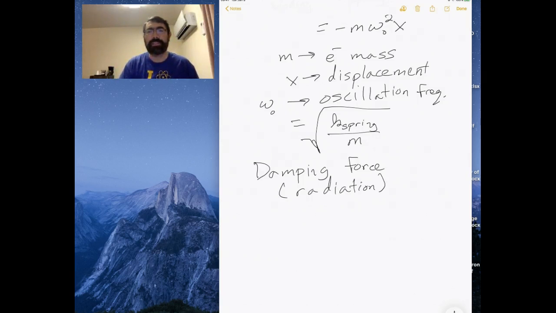So if I give energy to the electron bound inside the molecule, it may go up to a different energy level and then fall back down and then radiate. That radiation is basically a loss of energy and therefore dampens the oscillation of the electron bound to the molecule.